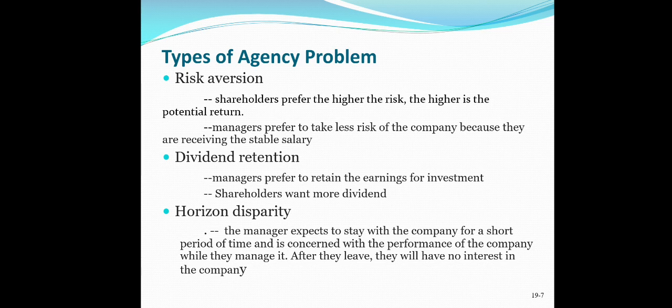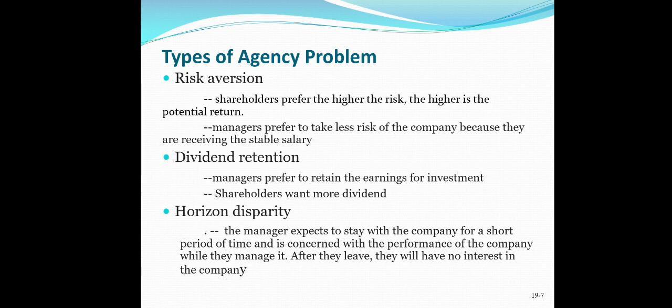The third problem is horizon disparity. In the context of board of director and manager relationship, it is like this. Let's say you are the board of director, you are the owner of the business, you are the principal, you hire a CEO, and then the horizon disparity problem is like this.